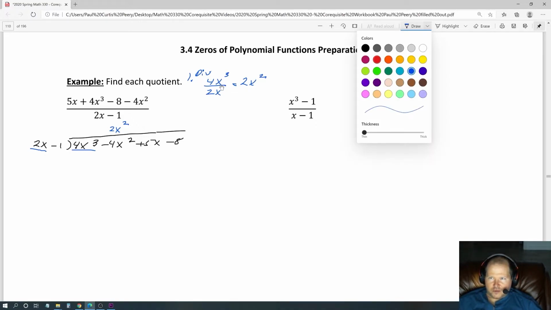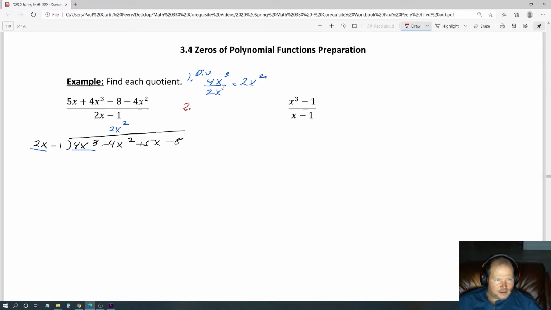Now we move on to another step. The next step is multiplication. We take this 2x squared and multiply it by the entire divisor, 2x minus 1.